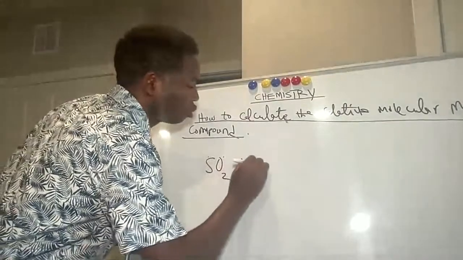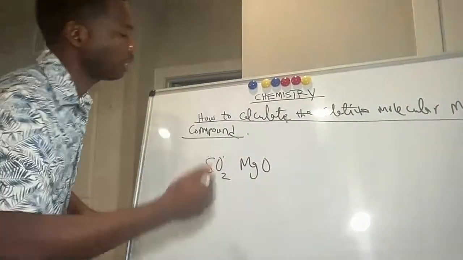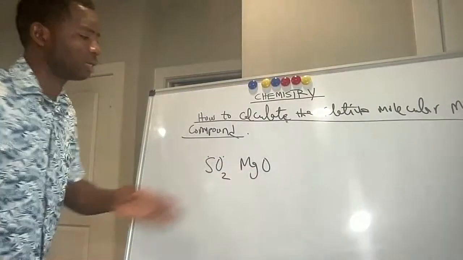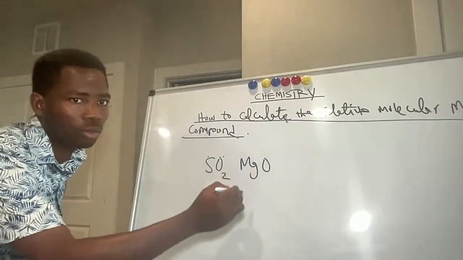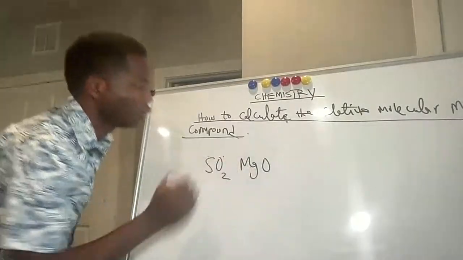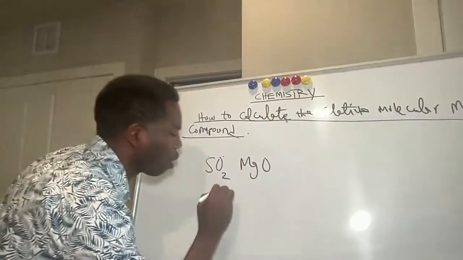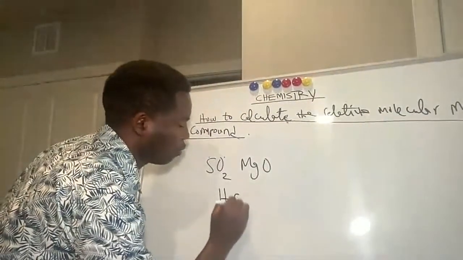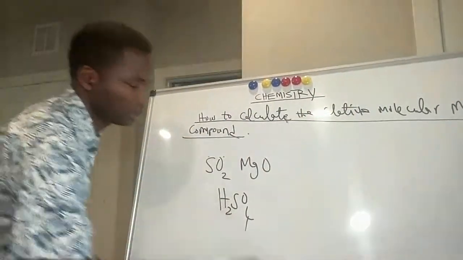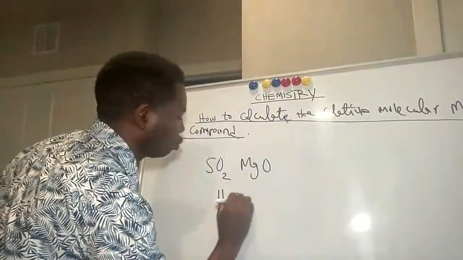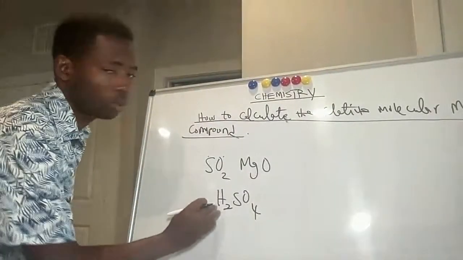So what of magnesium oxide? If you are asked, what is the relative molecular mass of magnesium oxide? This is a basic oxide. You must know the mass number of magnesium and also the mass number of oxygen. If you have H2SO4, which is sulfuric acid, you must know the mass number of hydrogen.